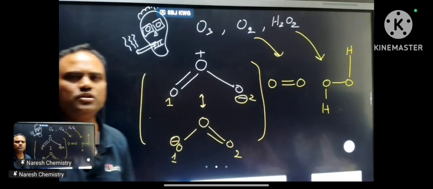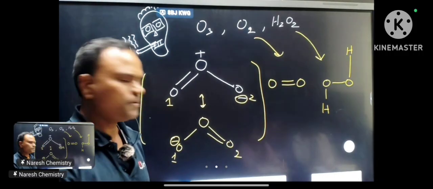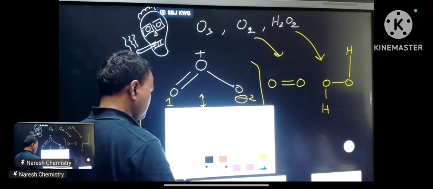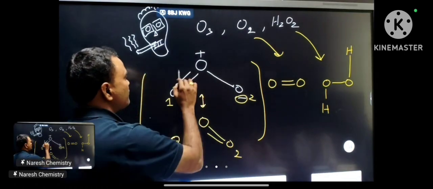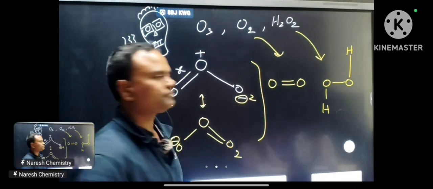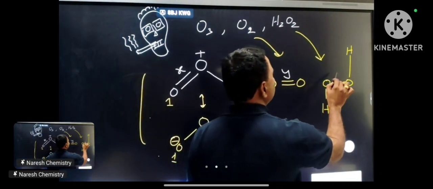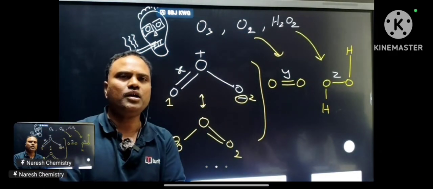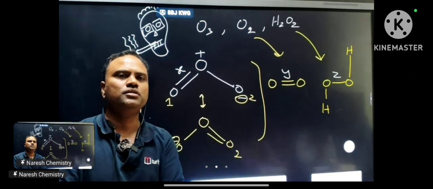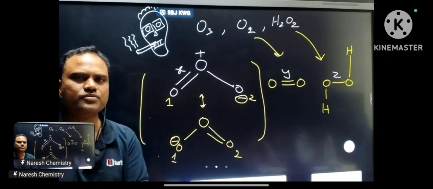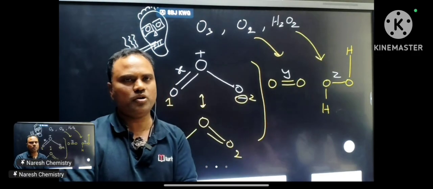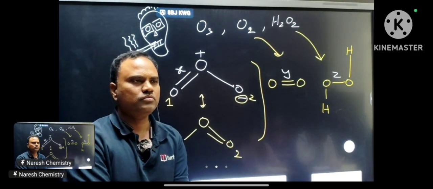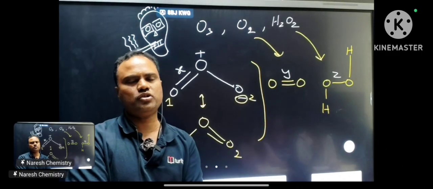Open book structure. X, Y, Z. We are comparing the bond length between two oxygen atoms in three different molecules: ozone, O2, and hydrogen peroxide.